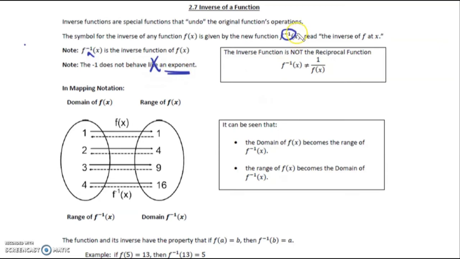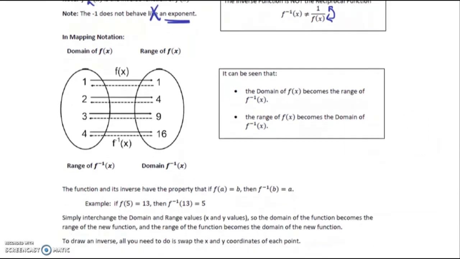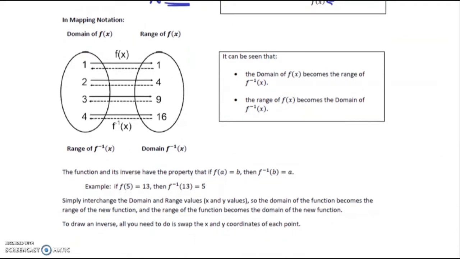Also, the biggest issue when students try to find an inverse is they end up taking the reciprocal function, which is just flipping the function, like 1 over, or flipping the numerator and denominator, and that is also not an inverse function. What happens with an inverse function is we're exchanging the x's and y's. In mapping notation, like in x, y, or f at x and then the range of f at x.